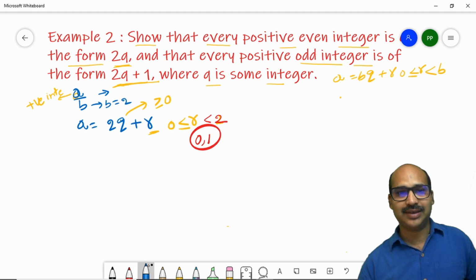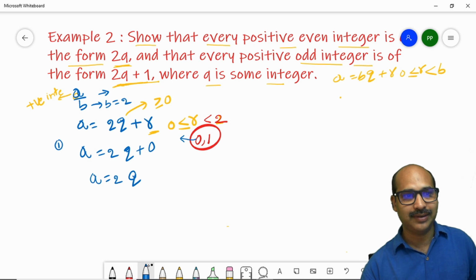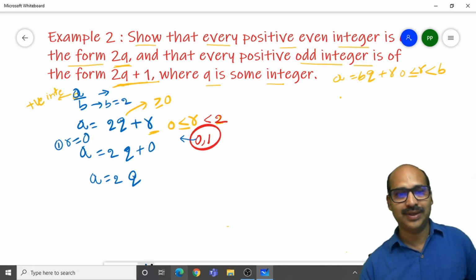Let us consider one case where remainder is equal to 0. So a is equal to 2q plus 0, that means a is equal to 2q. This is case 1, where r is equal to 0.